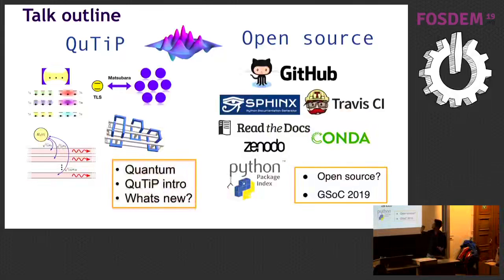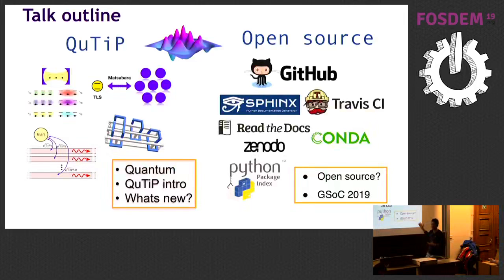So a brief outline of the talk that is going to follow next. First, I'll talk a little bit about quantum physics in general, because I realize that there might be many people here who are not from a quantum physics background or studied physics way back and are now doing something completely different. So I will talk a little bit about the fundamentals. Then I'll give an introduction to QuTiP, the code, basically what you can do with QuTiP, and talk about something new that is getting added to QuTiP recently.